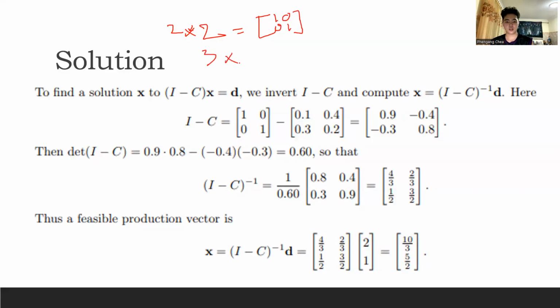And for 3x3, it's like the previous answer, 1, 0, 0, 0, 1, 0, 0, 0, 1. Okay, now when we subtract C, here is the answer. And then we need to compute the inverse of I minus C. And here is the result of the inverse of I minus C. And then we take it and multiply it by D. And here is the result.